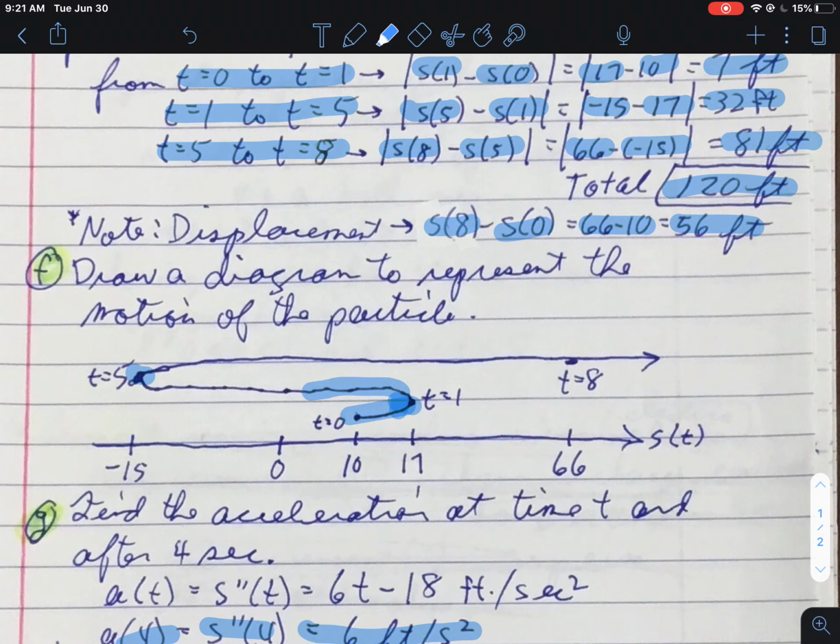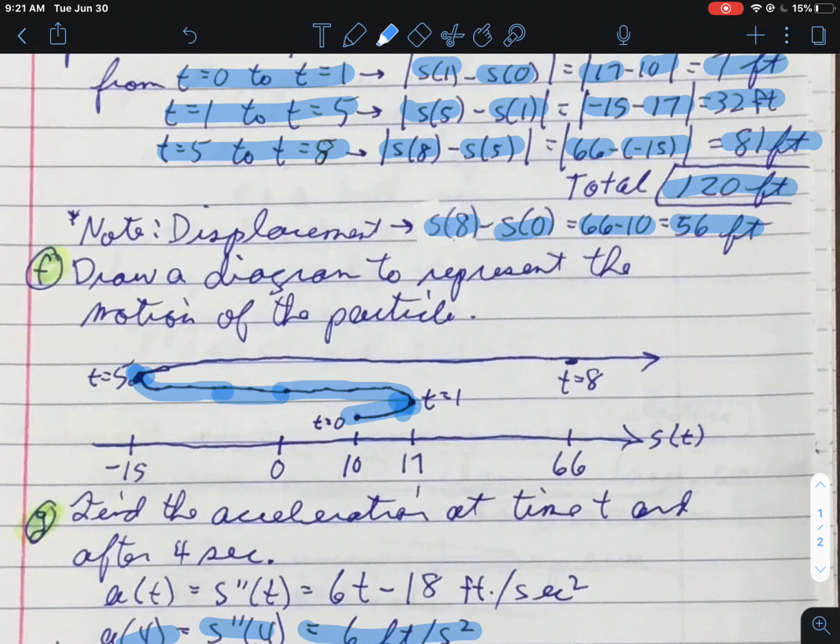Now there's another point at which it comes to rest at t equals 5, so somewhere along the line here it has to start slowing down again, right? So between t equals 1 and t equals 5, for some part of that time interval it has to be speeding up because it just left the point of rest at t equals 1, and then at some point it's going to have to start slowing down so that again it can change direction, all right?